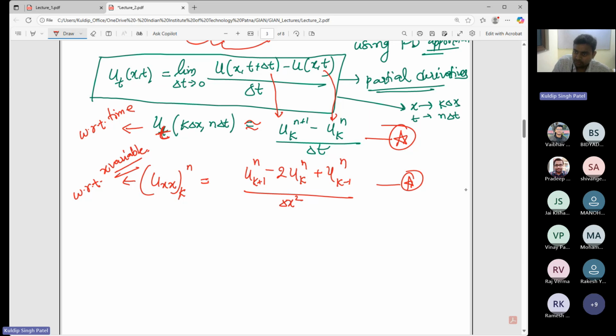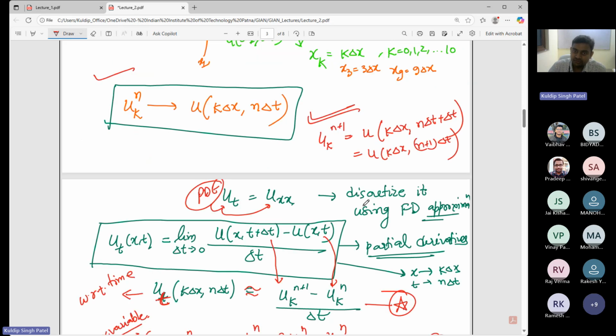I request that you please assume as of now these equations are star and double star. If it is not clear to you, of course I'll make it clear. First, we will try to understand how this finite difference method gives us the solution. Then we will go for implementation in MATLAB, because going for implementation without knowing the theory is not a good idea.